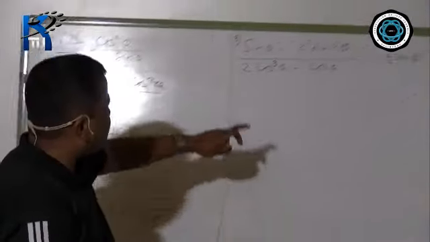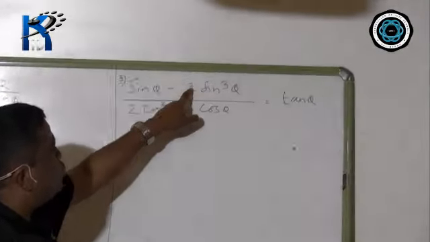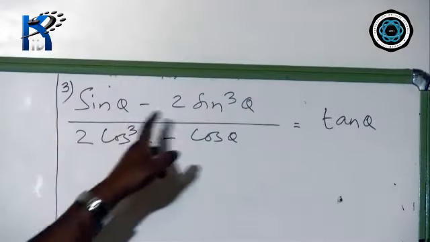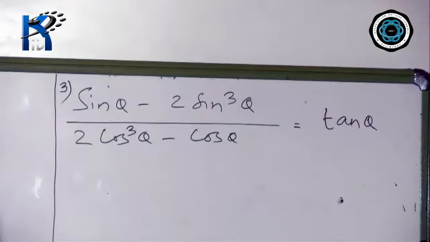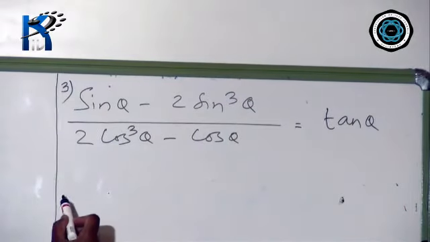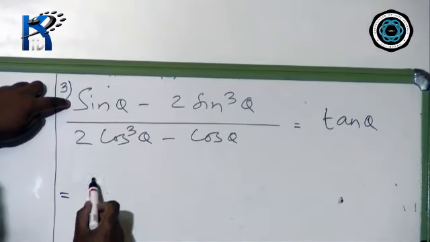Number 3. Sin theta minus 2 sin cube theta divided by 2 cos cube theta minus cos theta. Here you have to take out common. In numerator, what is common? Common is sin theta.